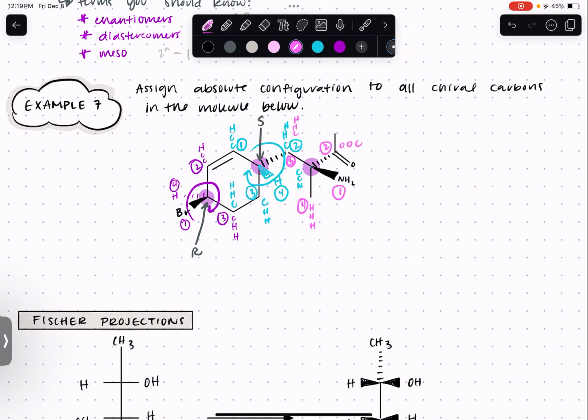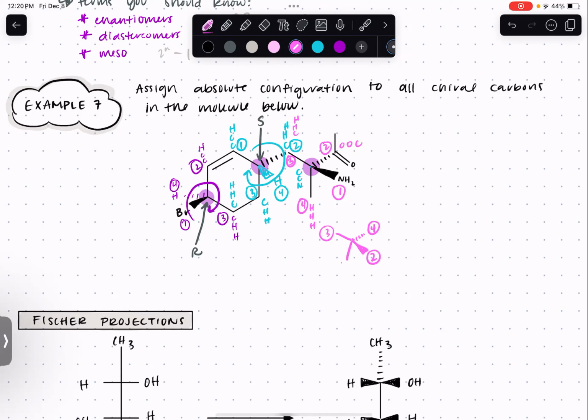Now with this one, you'll notice that our 4 group is in the plane of the paper, so we can't just say it's R, or it's S, or it's not R, it's not S. We have to redraw it, rotating it. So I'm going to hold group 3 still and rotate it. So 4 is now in the back, which puts group number 2 on a wedge.